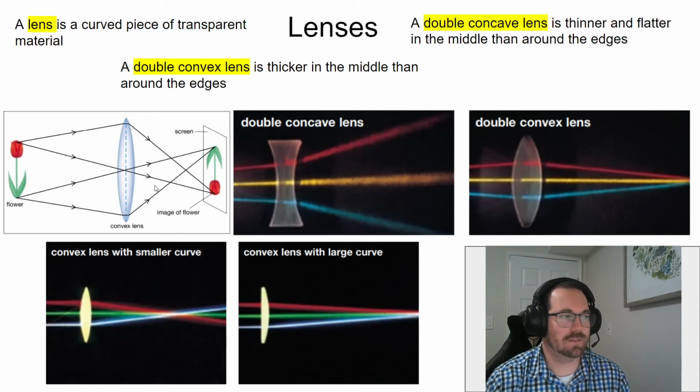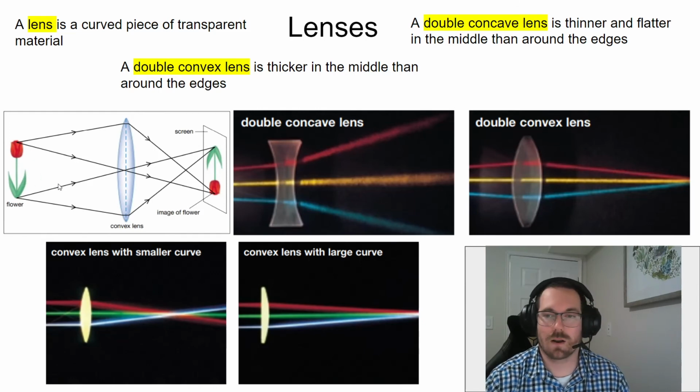So we kind of get a flipped view of what's going on in this flower. Thus, an image formed by a double convex lens is inverted, or flipped upside down, rather than upright.